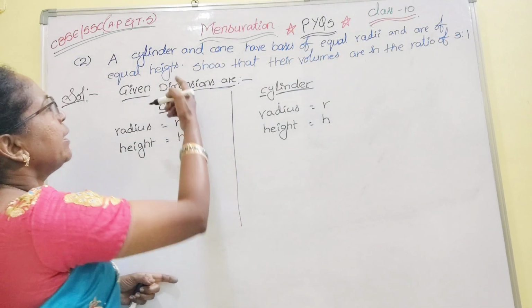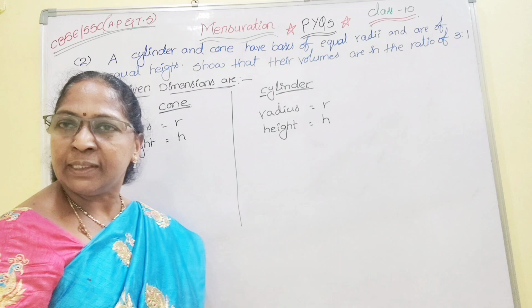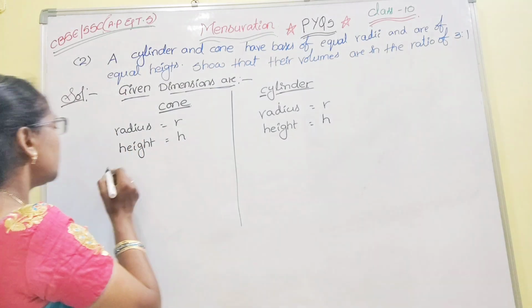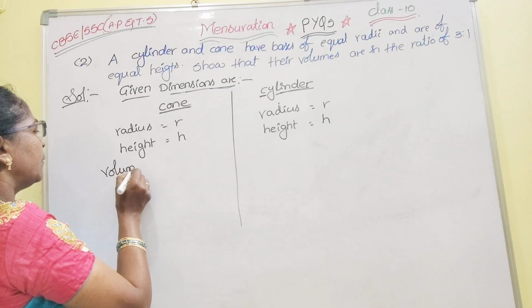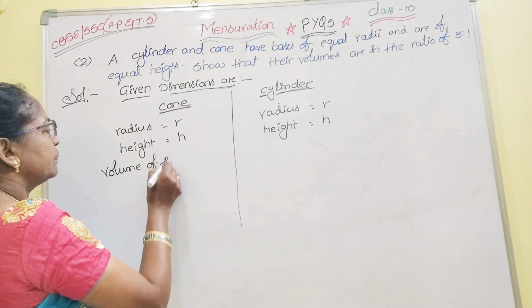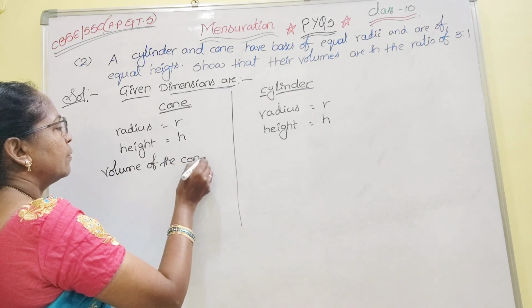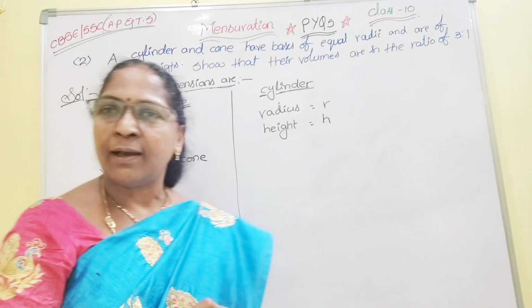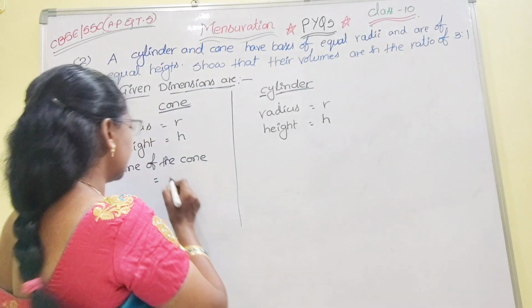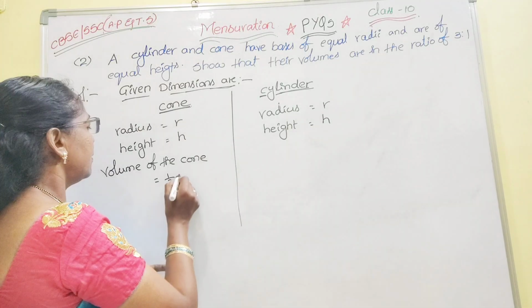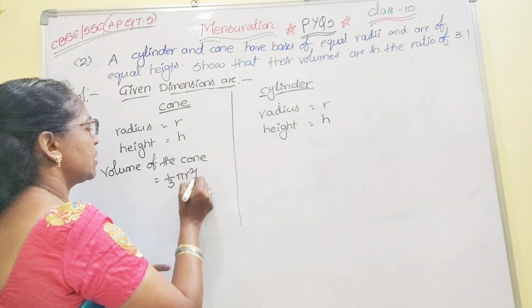Next, what is given here? Volumes are in the ratio of 3:1. That we have to show. What is the volume of the cone? Volume of the cone equals 1/3 pi r square h.